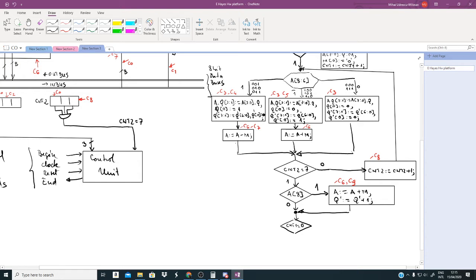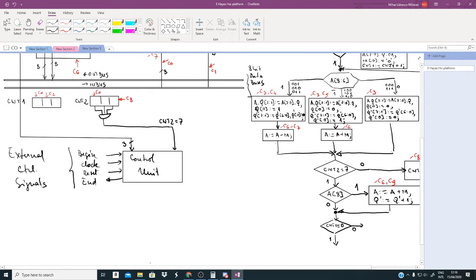This signal is 1 if counter 1 is 0. If counter 1 is 0, then we have no shift to do. But if it is not 0, then we'll have to do shifts and then again check signal CNT1 equals 0.